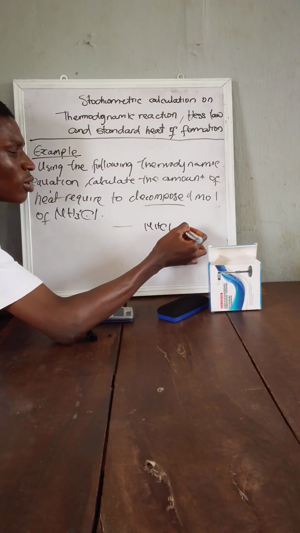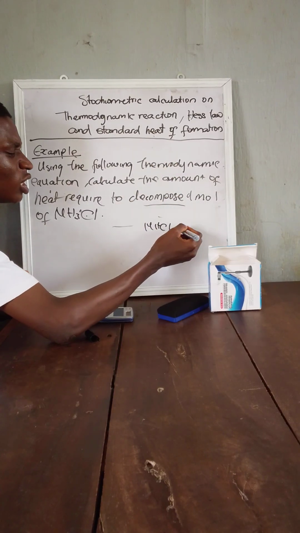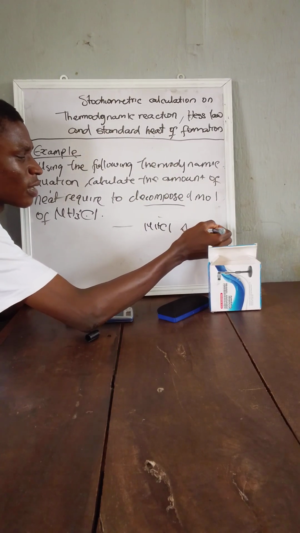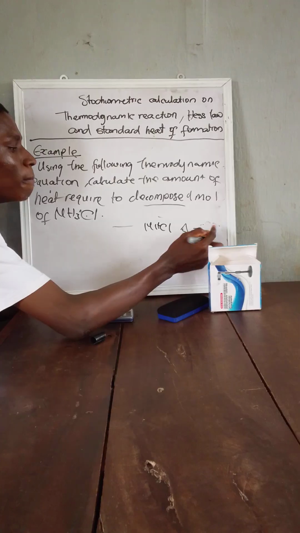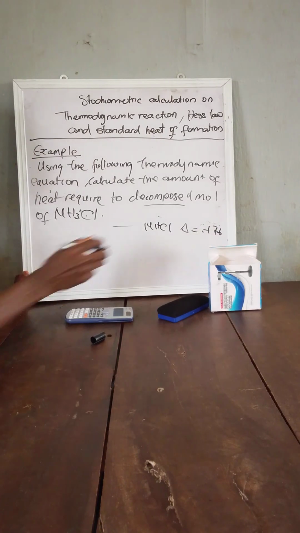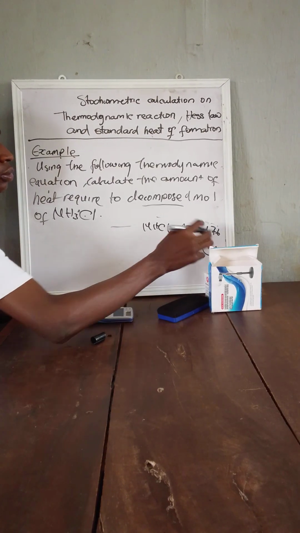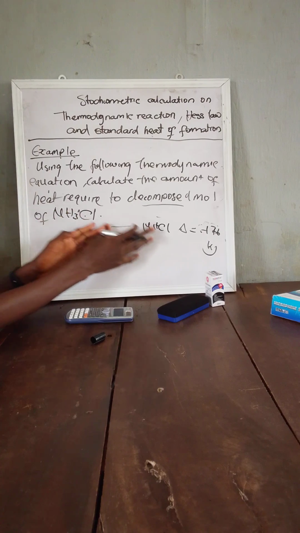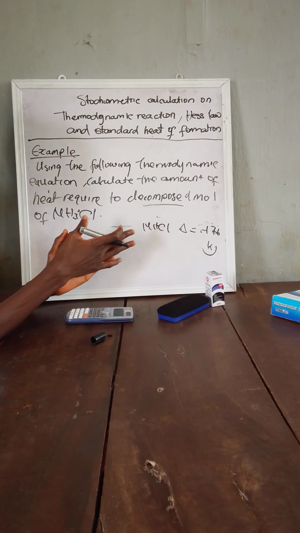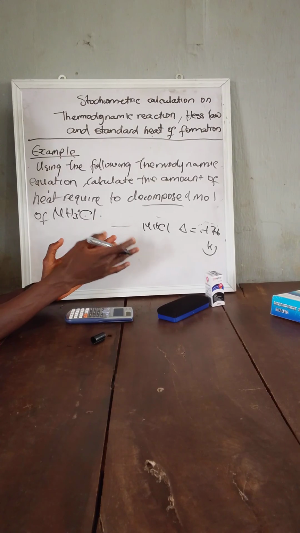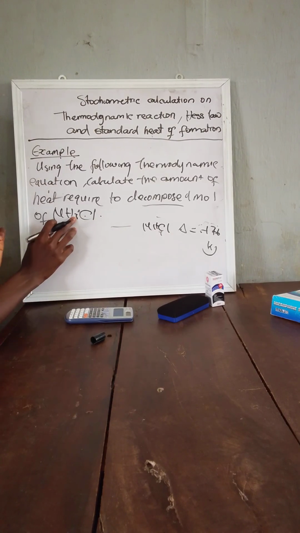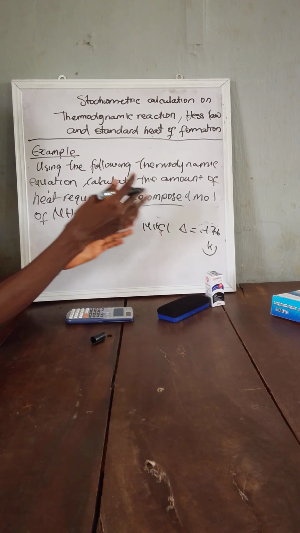Initially our delta H is equal to minus 176 kilojoules. So you have to reverse the equation, because in the given equation, NH4Cl is formed.